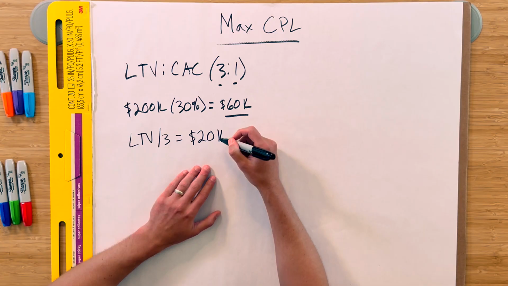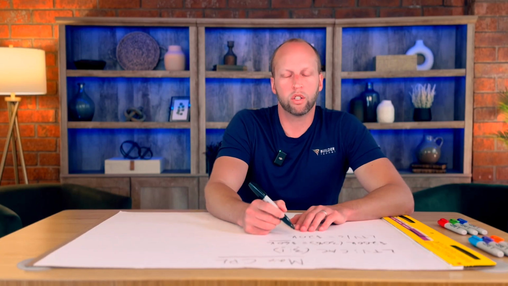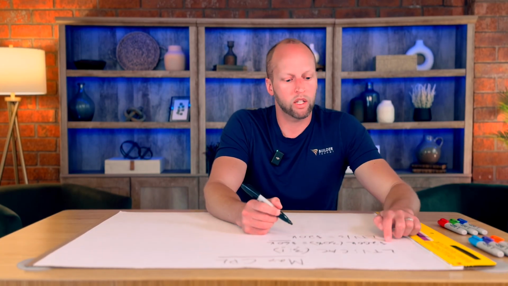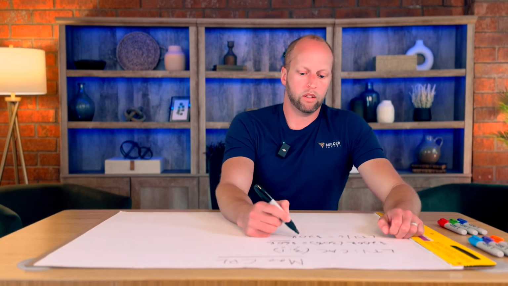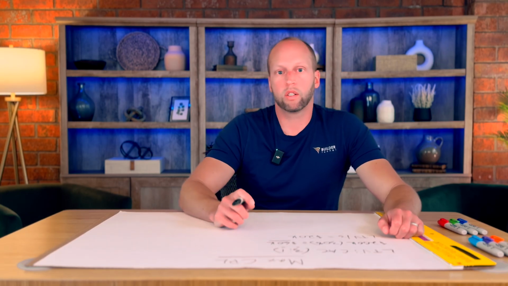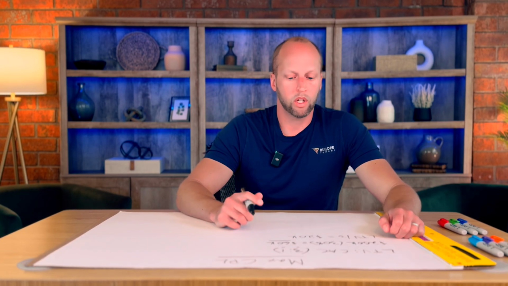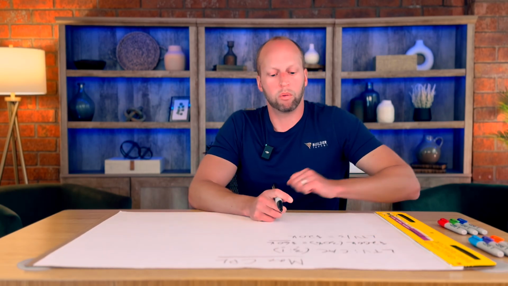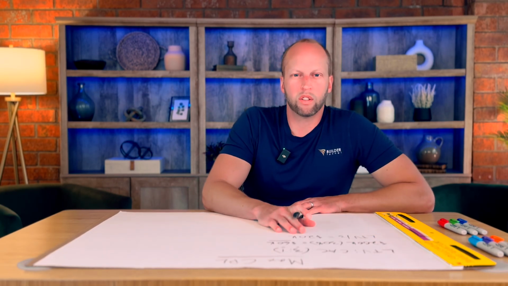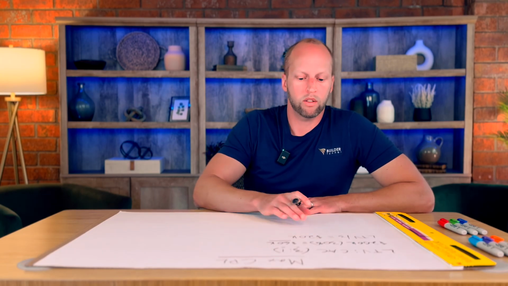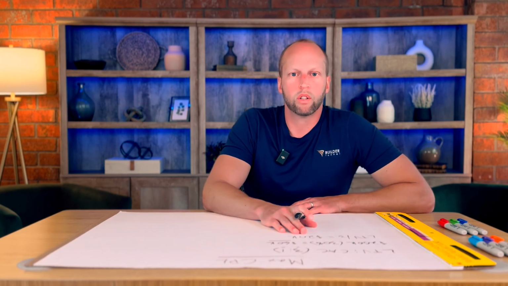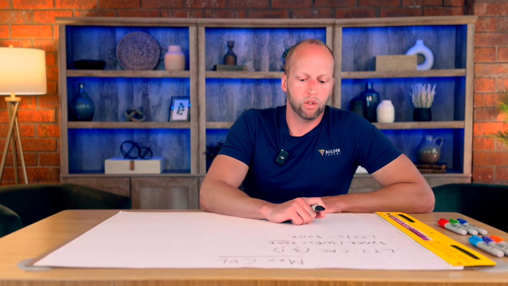That means if we spent $20,000 just to bring in one project, it's still worth $60,000 to us in gross margin. So we would do $60,000 minus our costs of sales and marketing to acquire, and we'd still have $40,000 in gross profit left over. So that's how we've arrived at this number. Okay, so now we have the most we want to spend to acquire our average customer of $200,000 is $20,000, but let's break it down into leads.